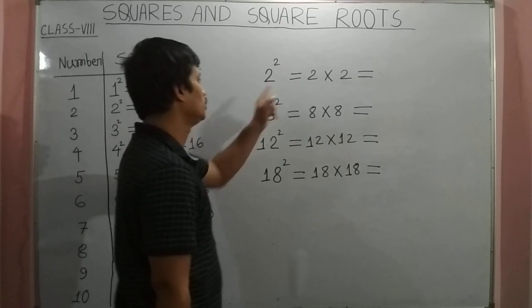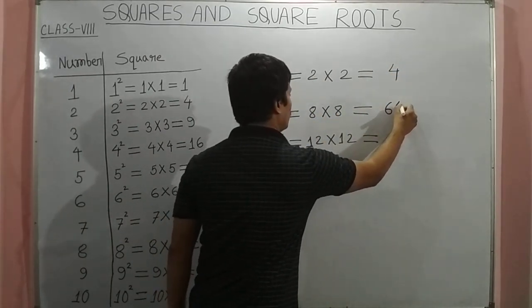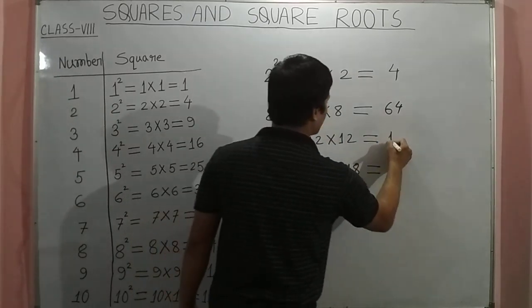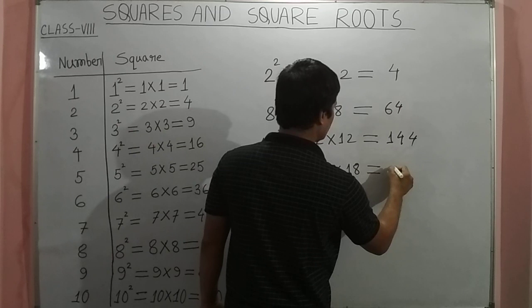Okay. 2 square, this is 4. 8 square, this is 64. 12 square, this is 144. 18 square, this is 324.